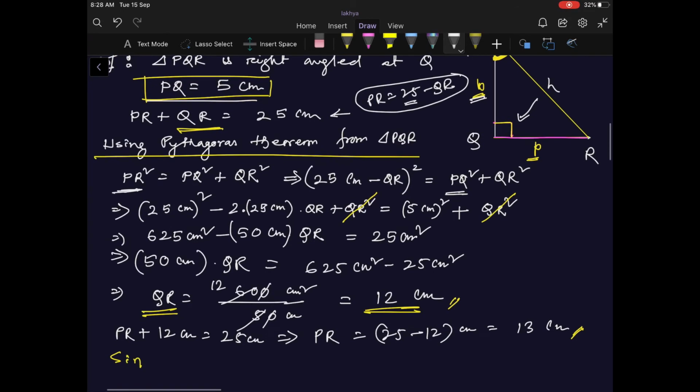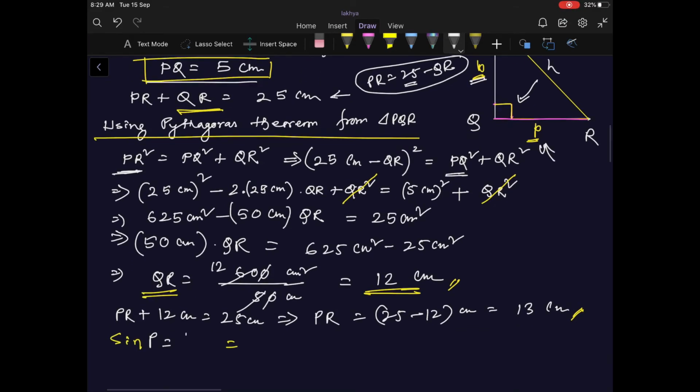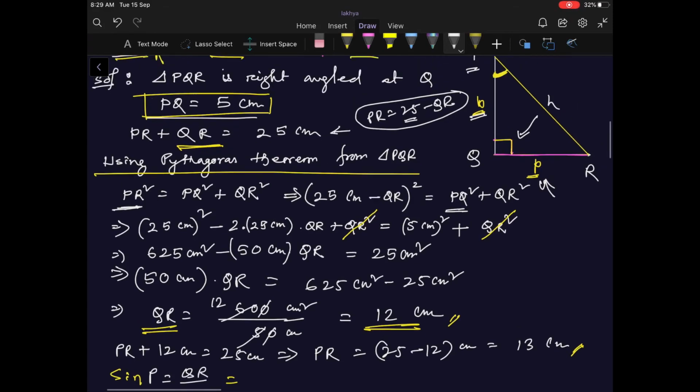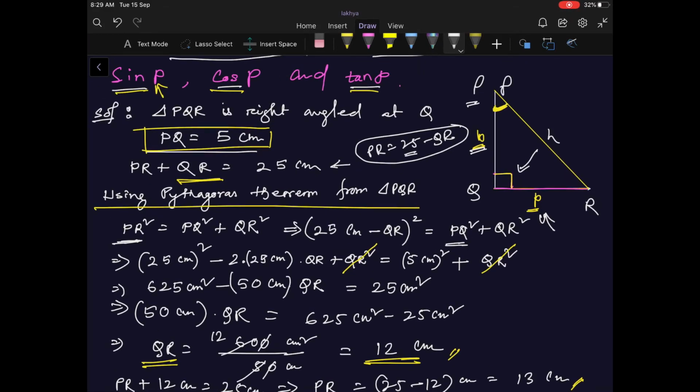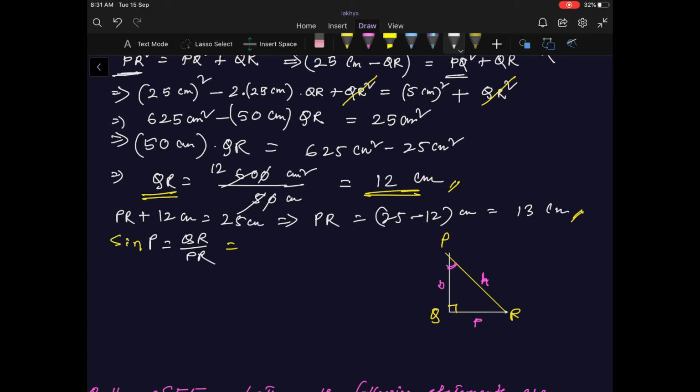So we know that sin P will be perpendicular by hypotenuse. Perpendicular is here QR, and hypotenuse is PR. Let me draw the diagram here again.